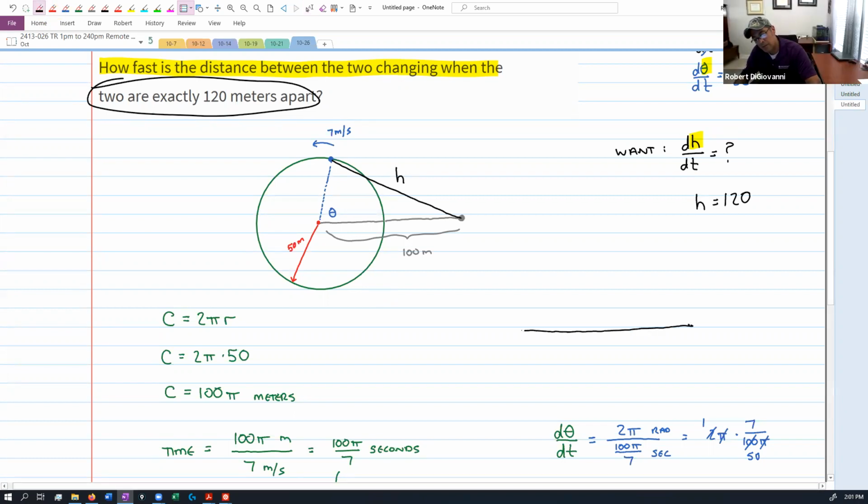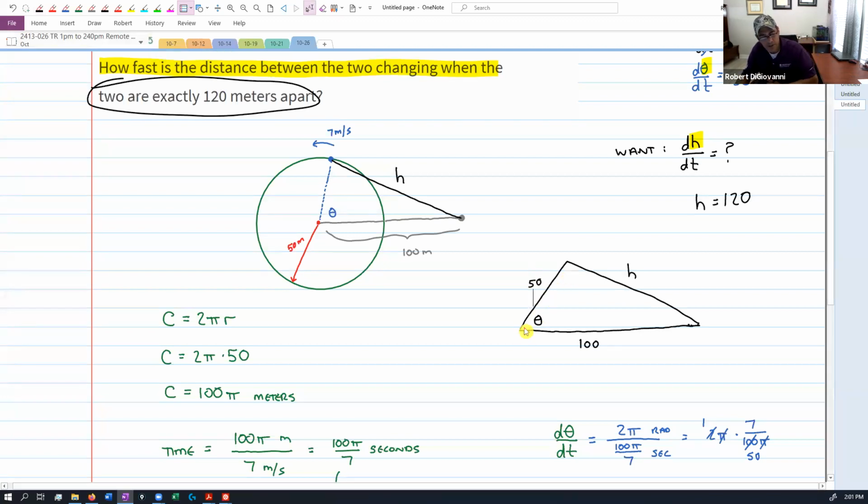So let me draw it for you again. We just have an arbitrary triangle, some arbitrary triangle here. This is theta. This is 100. This is h. Can you connect these together? Oh, sorry, this is 50.